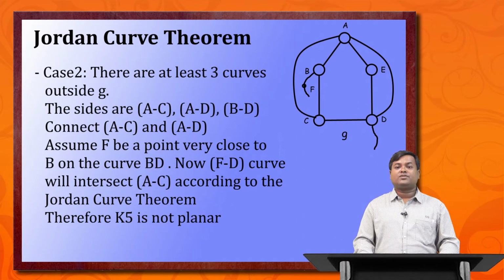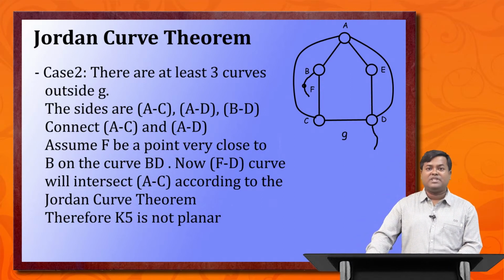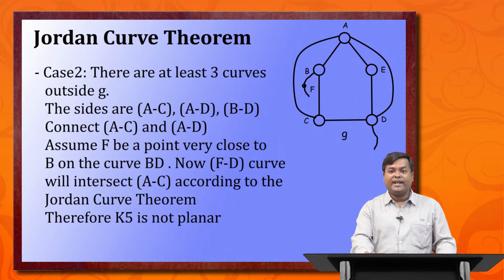So even for case 2, we can say that it has some kind of edge crossing. So using the Jordan curve theorem, its corollary and the pigeonhole principle, we have concluded that K5 is not a planar graph.